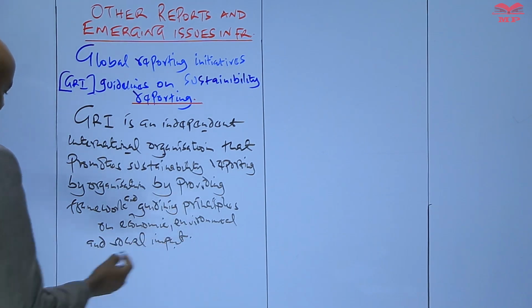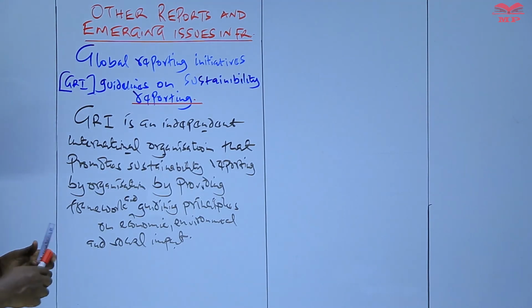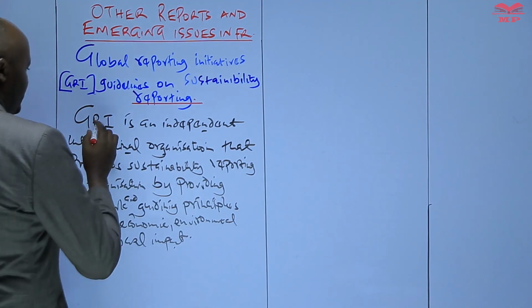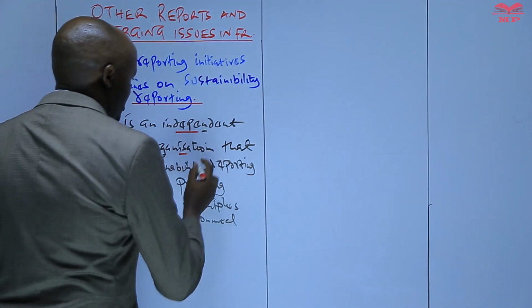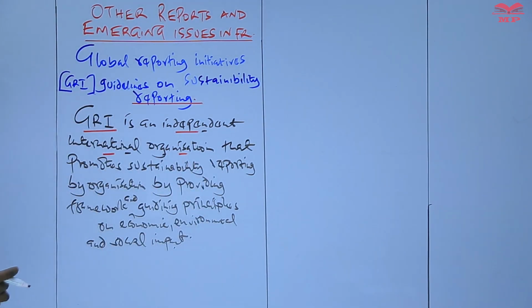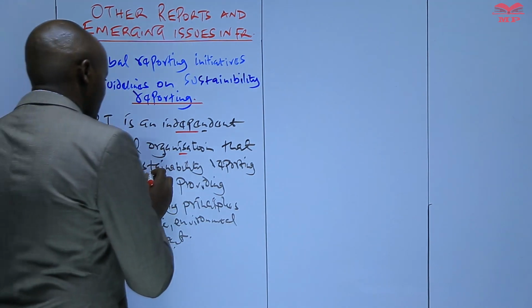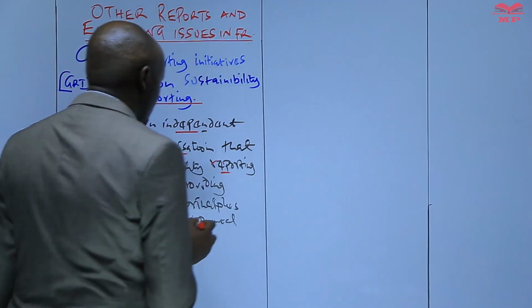Social what? Impact. So therefore, the Global Reporting Initiative is an independent international organization that advocates or promotes sustainability reporting by organizations worldwide.